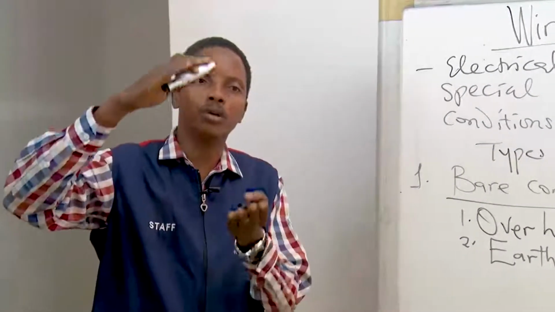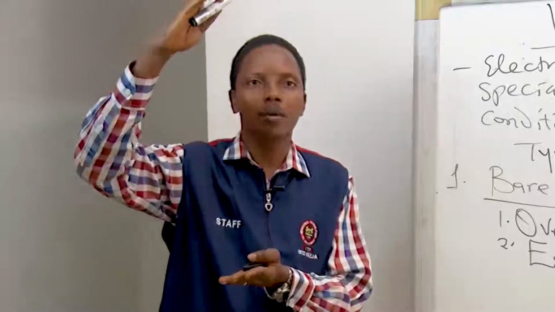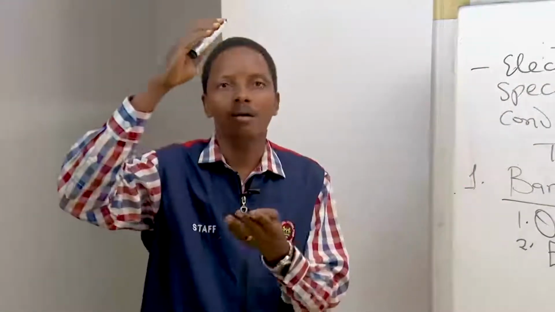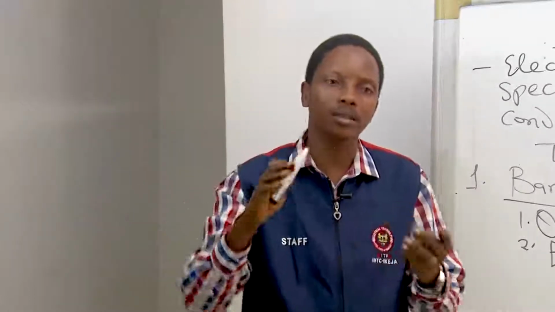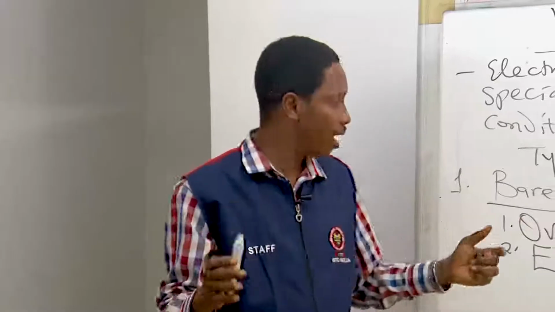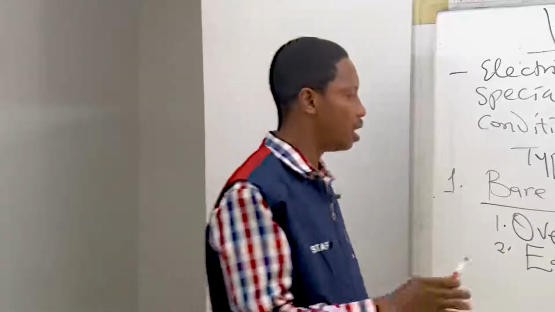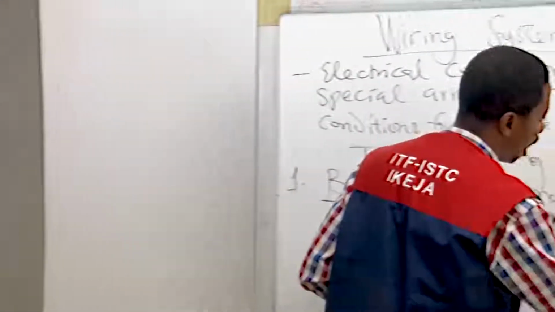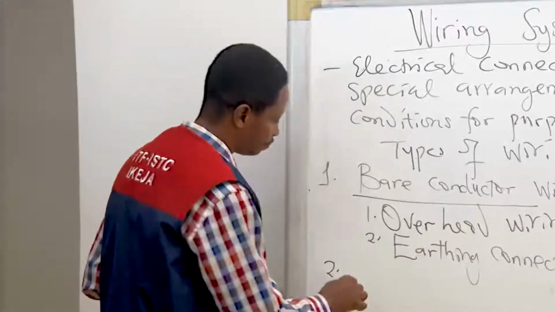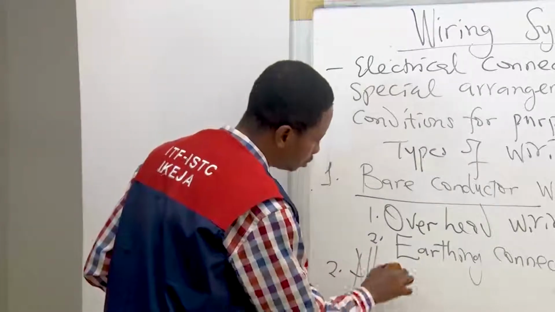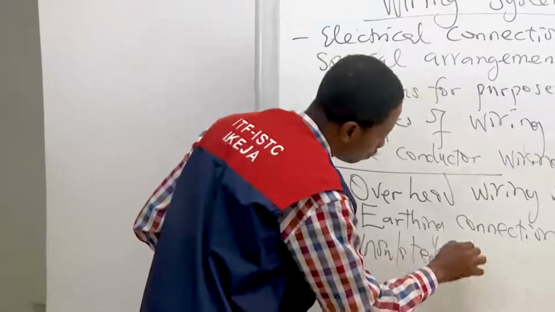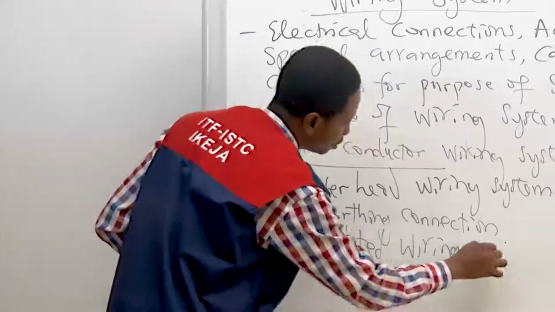The separation of the cable, line 1, line 2, line 3, and high tension line, or line 1, line 2, line 3, and neutral in distribution line, the cables are insulated with air. A-I-R.